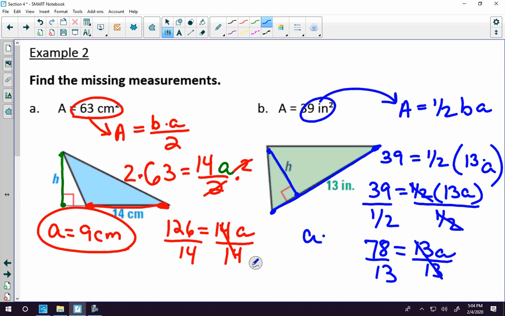We're going to get the altitude of this triangle. It's got to be 6, right? Sorry, I was doing that mental math. 6 times 13 is 78. So the altitude of this triangle is 6 inches.